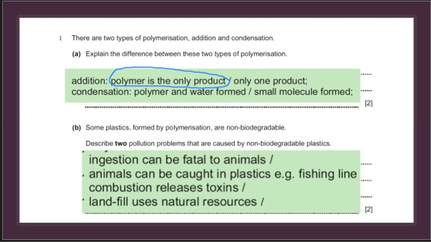So if animals consume it, then we have a problem. How can animals consume it? When the plastic is thrown into the ocean, the fish mistake it for food and they try to eat it, which then blocks their digestive system, making it difficult for them to consume other food, and then they die from starvation. Animals can also be caught in the plastic.